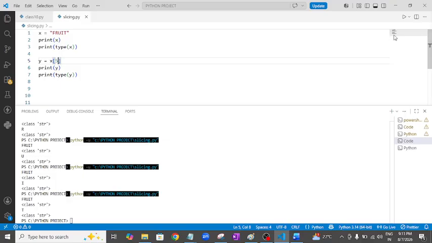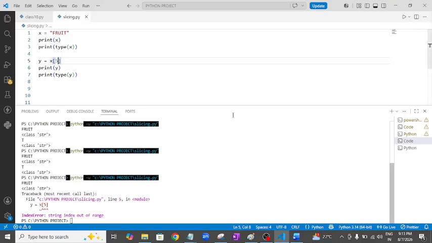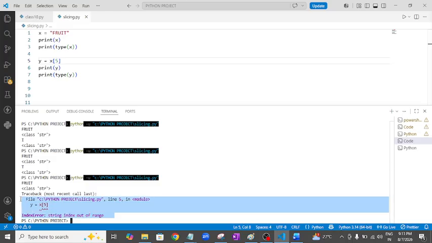If I say 5, what is the expected value, sir? Out of range. In the positive scenario, it will be 0 till length minus 1, 5 minus 1, 4.